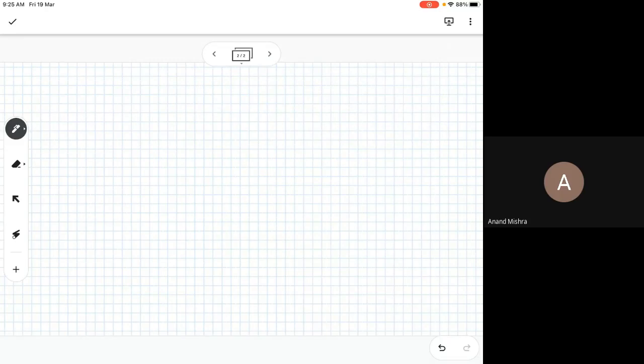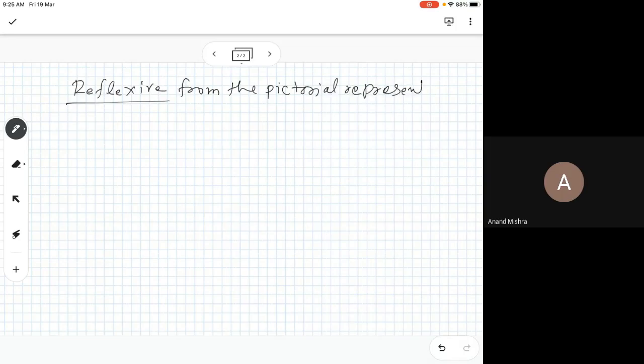Before we look into the next example, how do you find out if something is reflexive from the pictorial representation? We talked about the pictorial representation where we have a graph.